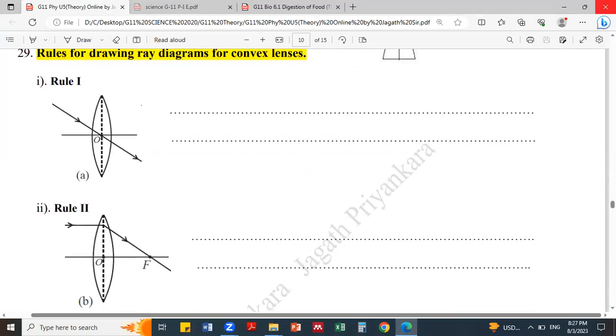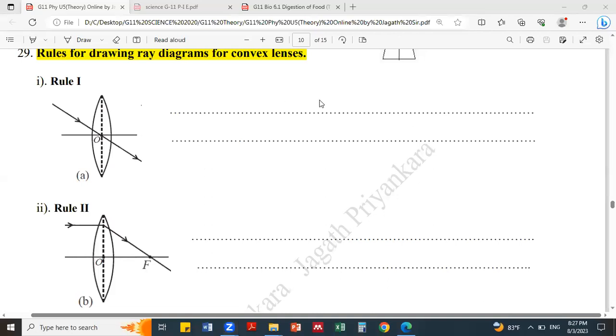Number 29: before you draw the ray diagram for lenses, students, you should know the basic principles used to draw the ray diagram for convex lenses. Concave lens needs no rules, just one ray diagram. But on the next page I have given convex lens 6 ray diagrams. Look at the screen.